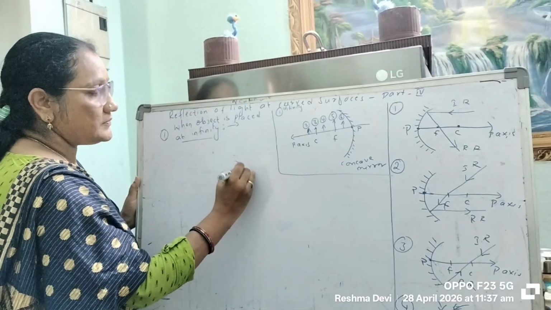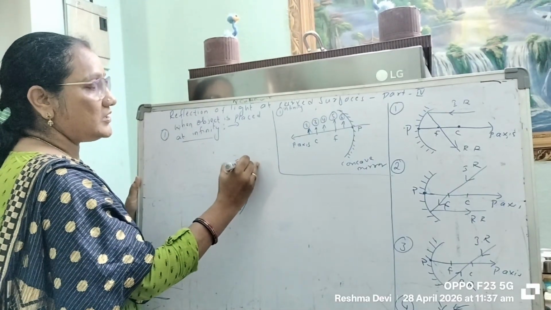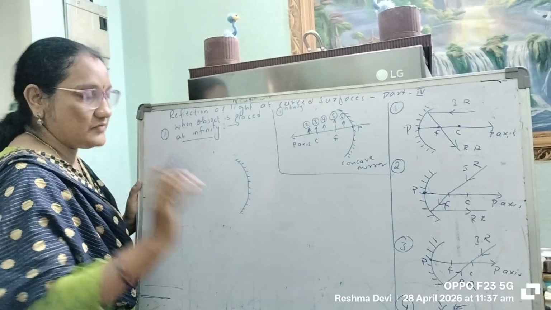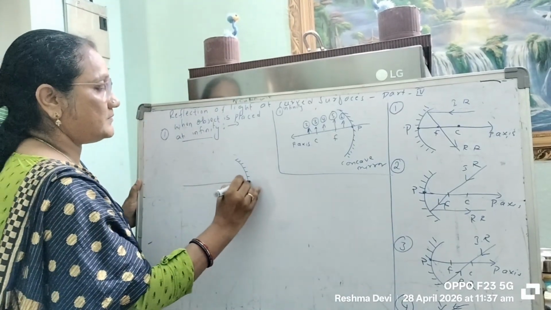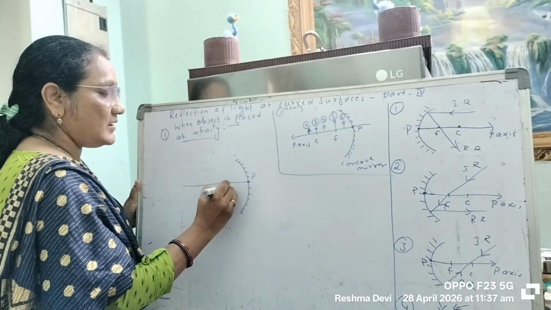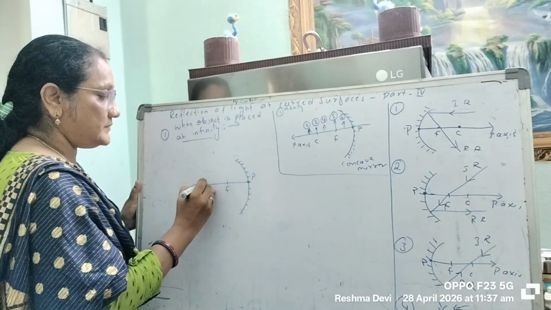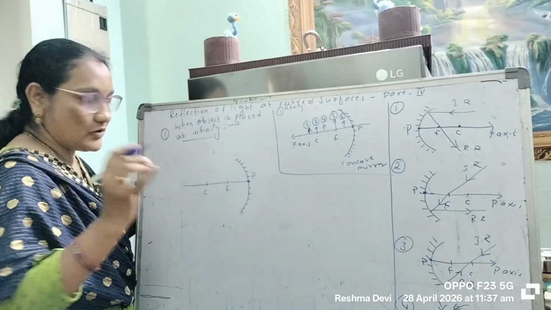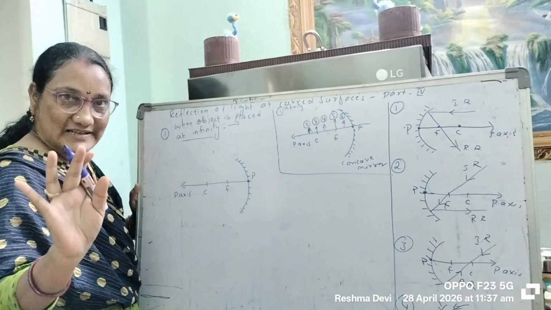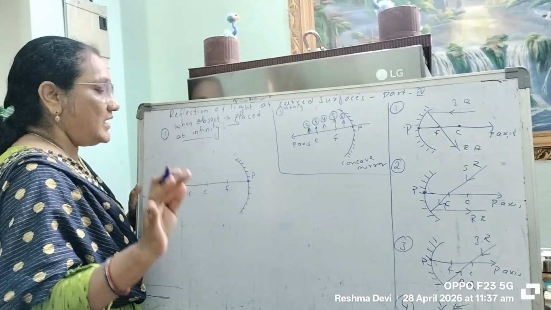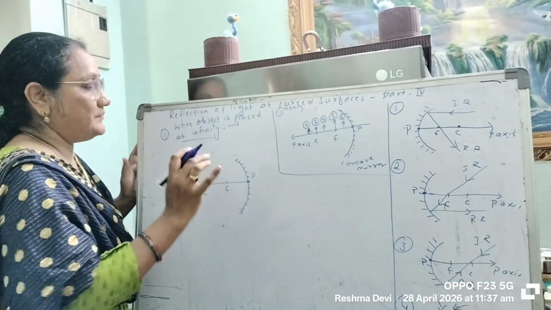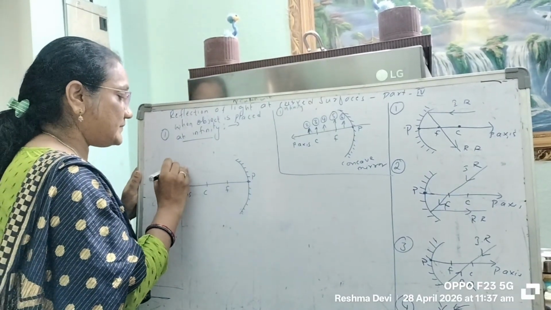First I am drawing the concave mirror, with the reflecting surface, pole, focus point, center of curvature, and principal axis. Now the object is at infinity. So what happens? Let us see.